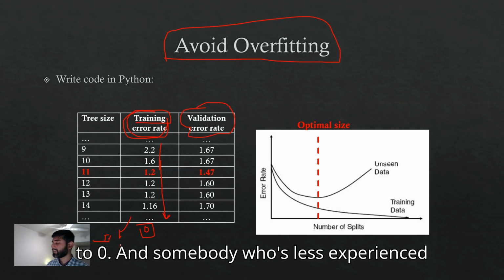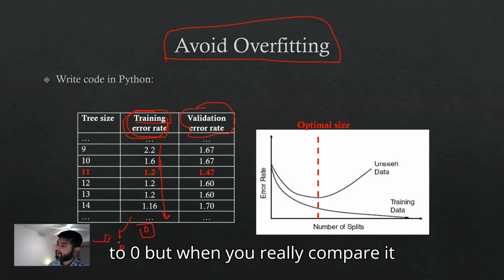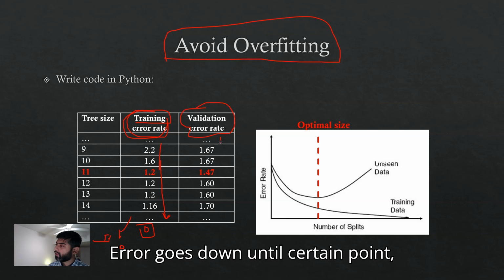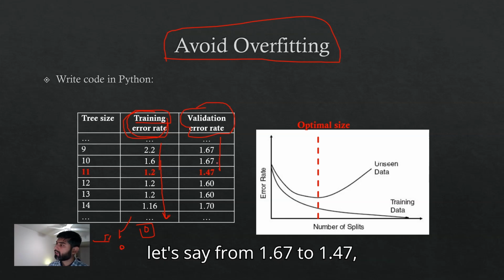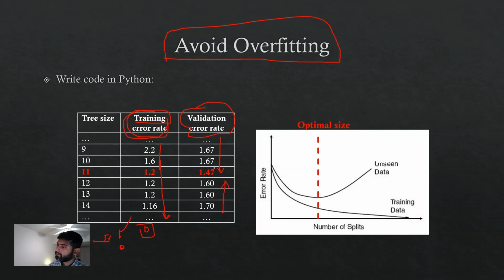Somebody who is less experienced might think, oh wow, my error went down to zero. But when you really compare it with the validation error, the error goes down until a certain point, let's say from 1.67 to 1.47, but it really starts climbing up after that point.